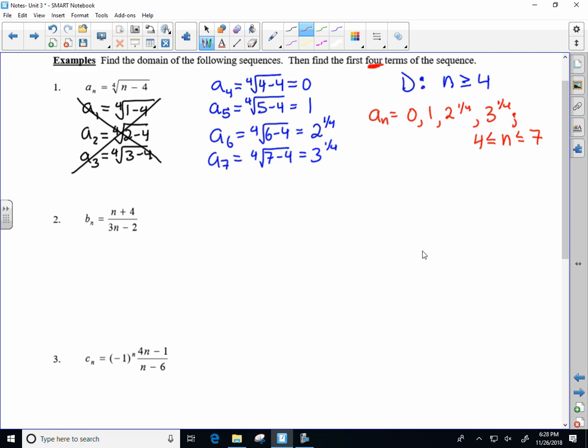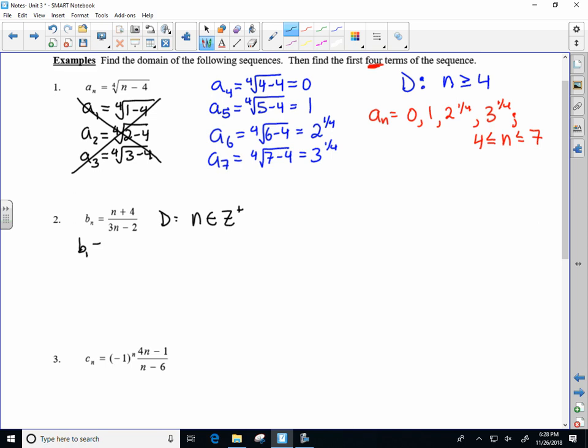Well, n has to be a set of positive integers, so it can't be a fraction, which means I'm looking at a domain that would be the set n belongs to the set of positive integers. You just leave it at that, if you recognize it off the bat. If not, you kind of start diving in and see what's going on.